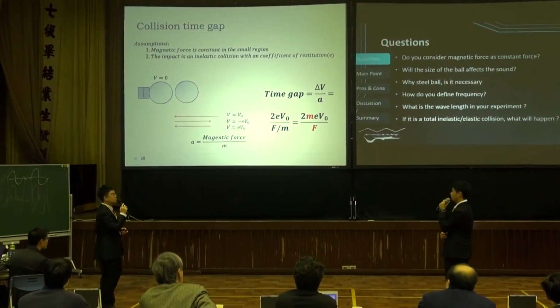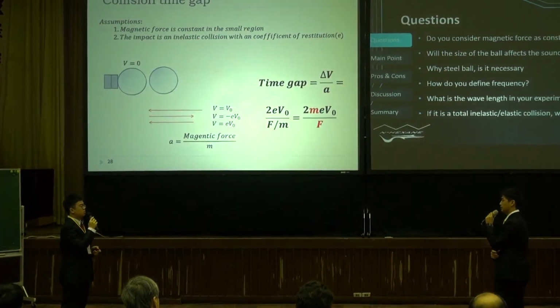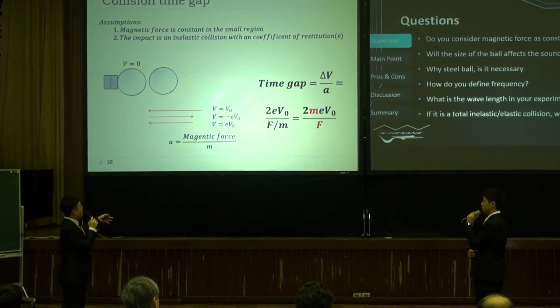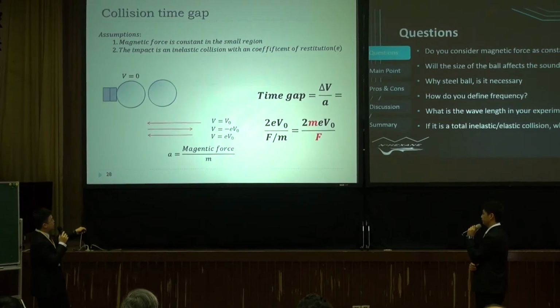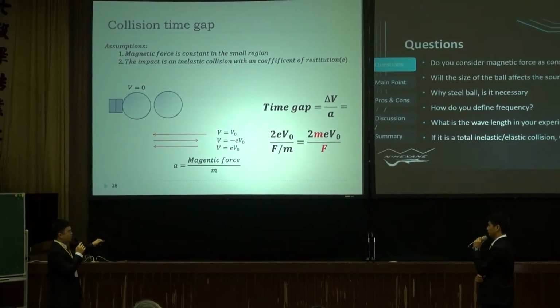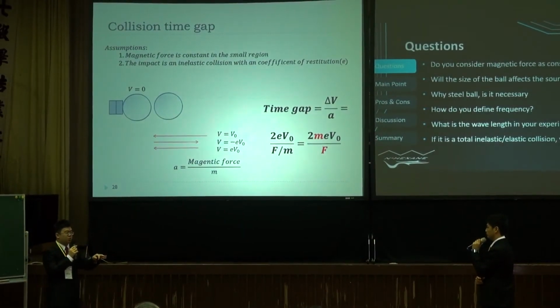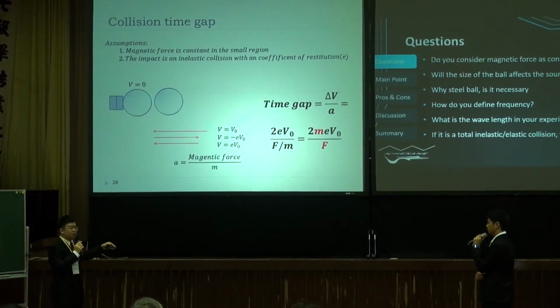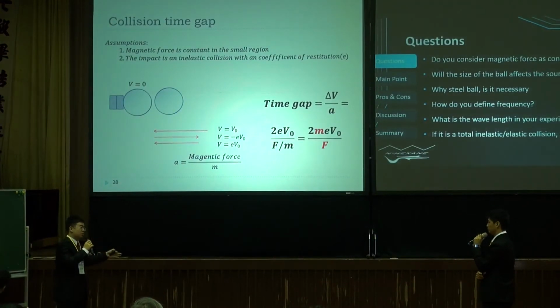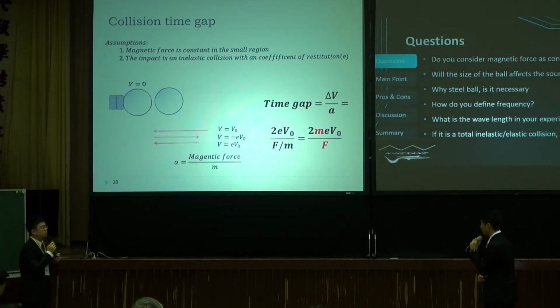Can you predict what will happen? Well, because now we have only validated the relationship between M and the magnetic field, I'm not sure whether the prediction is correct, but if this theory is close to the real conditions, then of course the time gap will be in a positive relationship to the initial velocity.